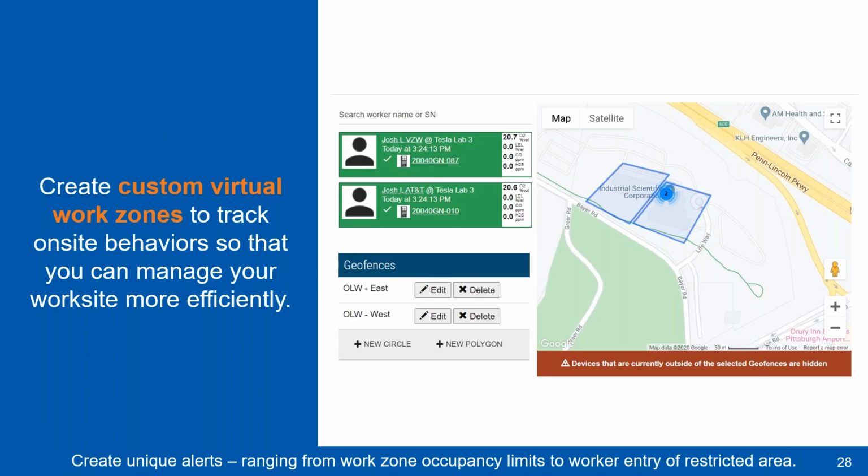That function also allows you to customize your work zones, so you can look at particular areas. You can know who is in a particular area of your facility or in your plant or in your coverage area at a given time, know how many people are there, know what the conditions are in those areas, and isolate specific instances down to specific areas that you need to look at within your coverage area.